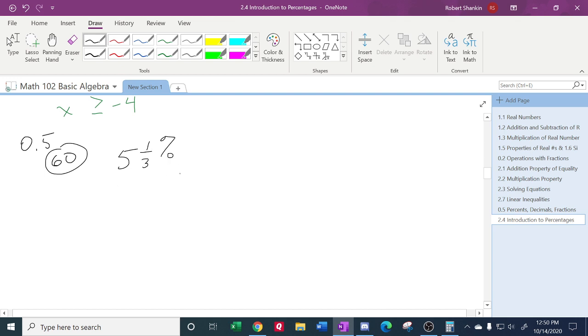5 1/3%. So, first thing I would do is I'd punch out 1/3 on my calculator. And when I do that, I get 0.33 repeating. Now let's just put a couple of these down. Maybe put one more. It doesn't really matter how many you put down.